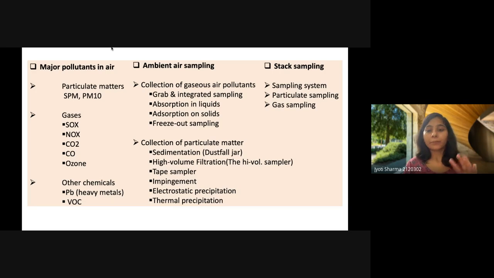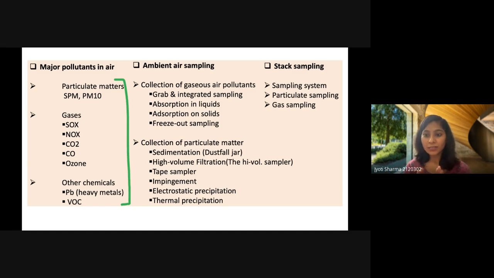Okay, this is a brief discussion of the major pollutants. This can be particulate matter, or some gases, for example SOx, NOx, carbon dioxide, carbon monoxide, ozone, and we may have different chemicals in the air, for example heavy metals and volatile organic matter.